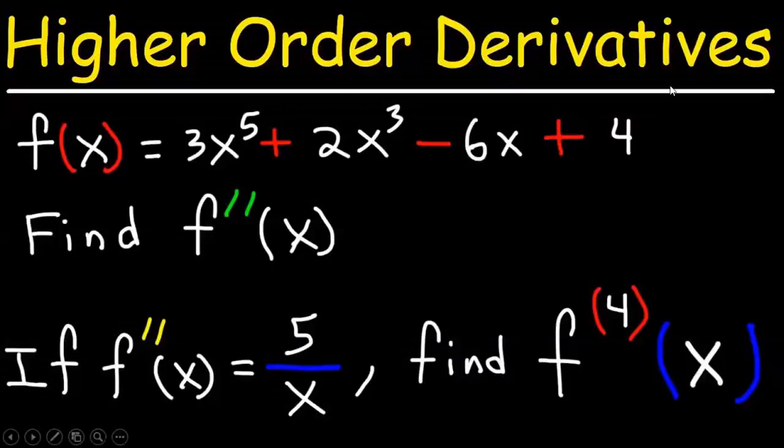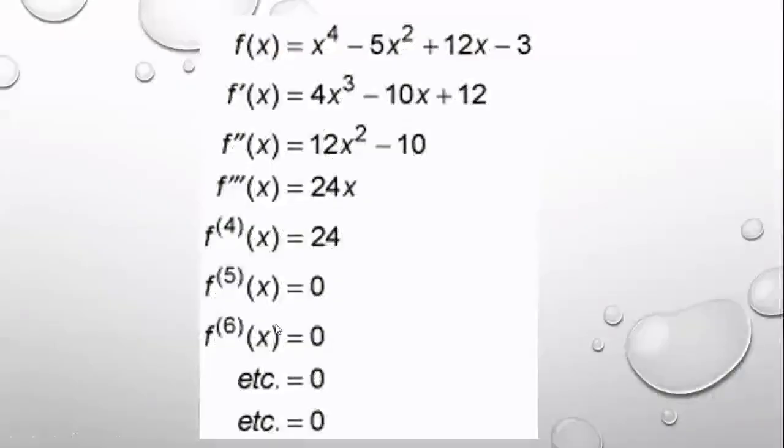So far you did first order, meaning f dash x. Now you see f double dash, f to the power 4. Here you see f dash, f double dash, f triple dash, f4, f5, f6. This procedure is called higher order derivative.